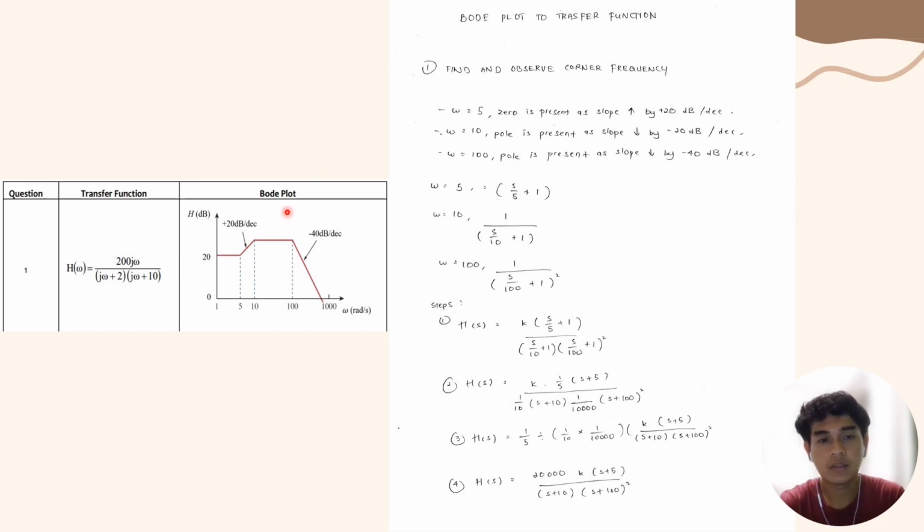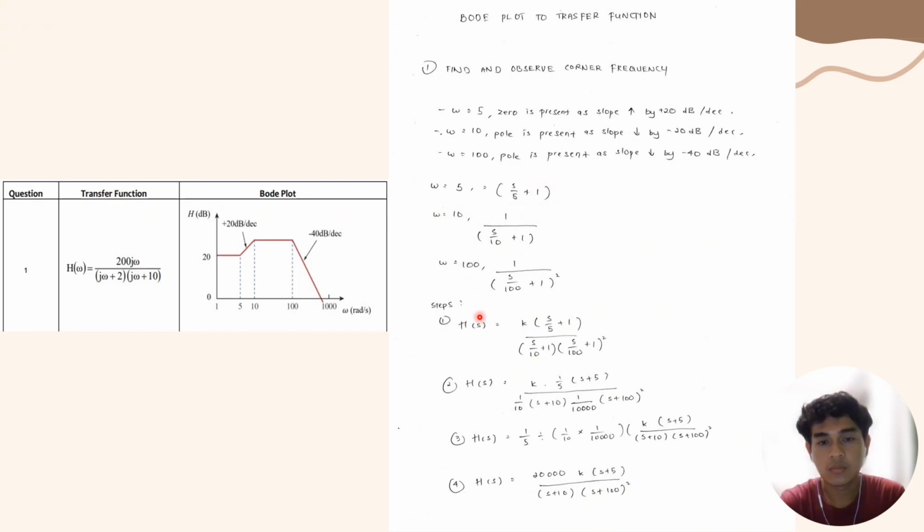To identify the corners, we need to look at our graph, which leads to 5, 10 and 100. After we identify the corner frequencies, which are ω = 5, 10 and 100, we need to change ω to the standard form.